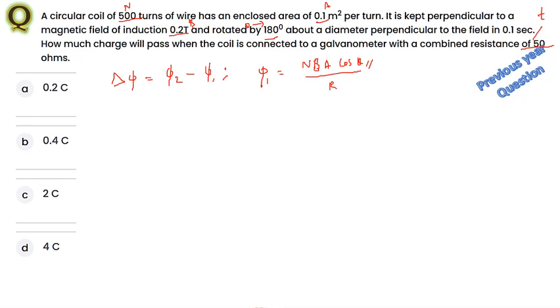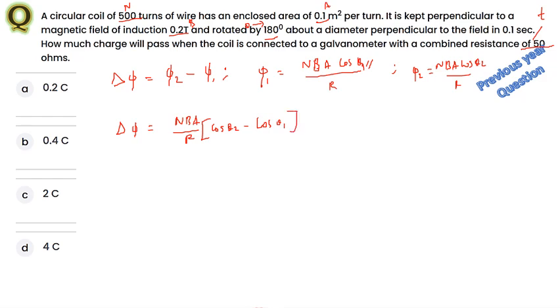This is about the dot product, so we mention this is theta 1, right? Similarly phi 2 is equal to NBA cos theta 2 divided by R. Now from this, del phi is equal to NBA divided by R times cos theta 2 minus cos theta 1.